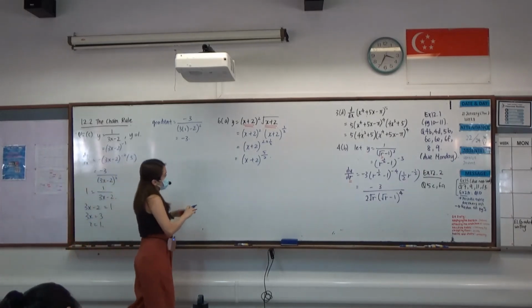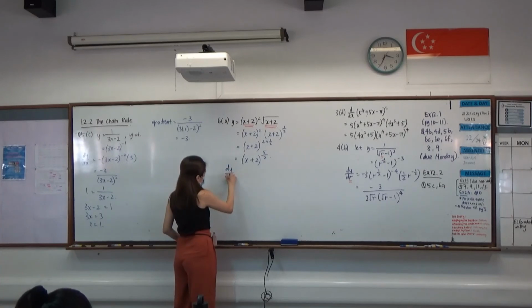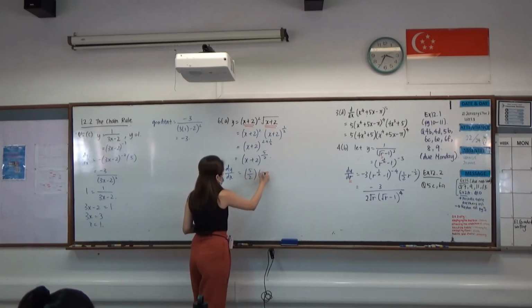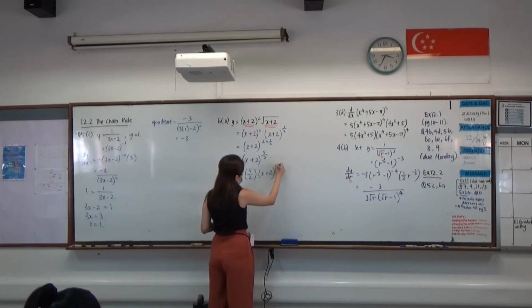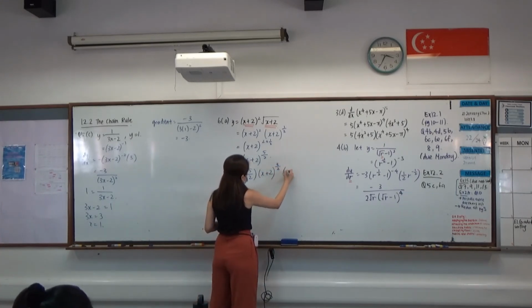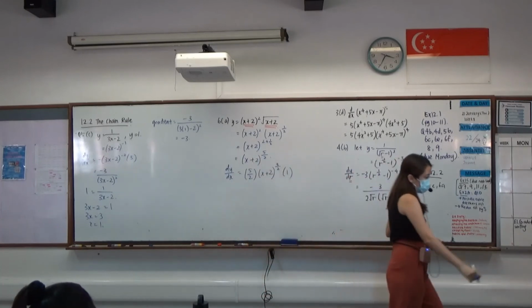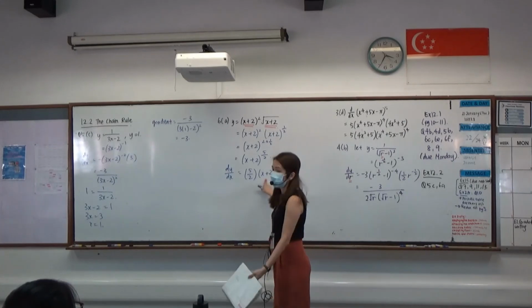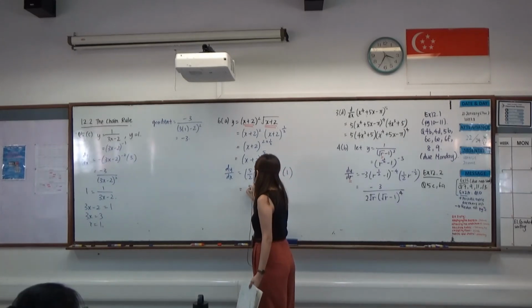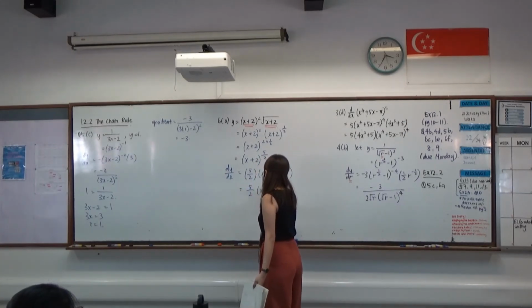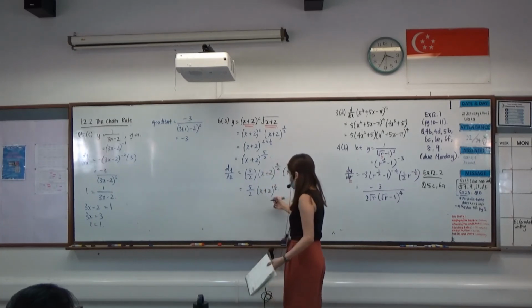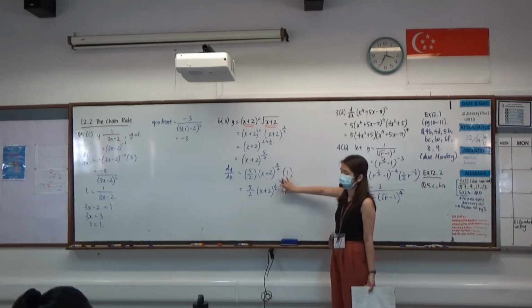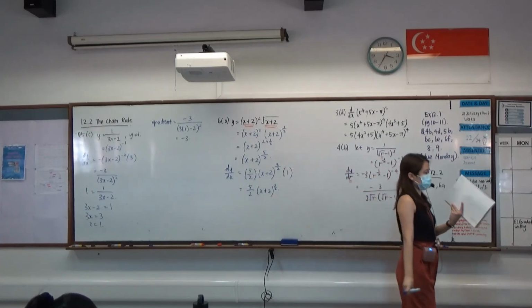Then we can proceed with our dy over dx, and we will get this as our derivative. In differentiating our x plus 2, we get a 1. So if you can see that it's a 1, you can do away with writing this 1 now. So you can save one step of writing.